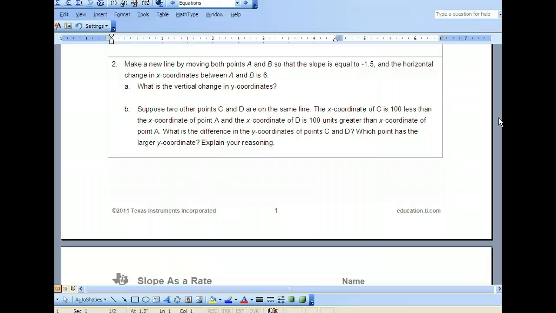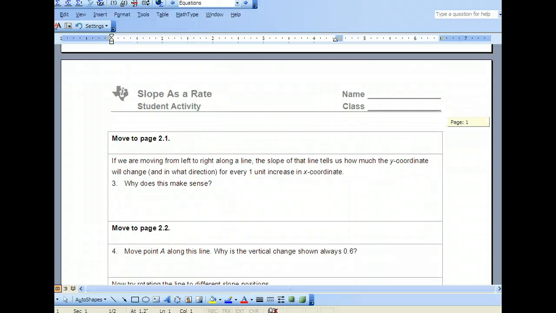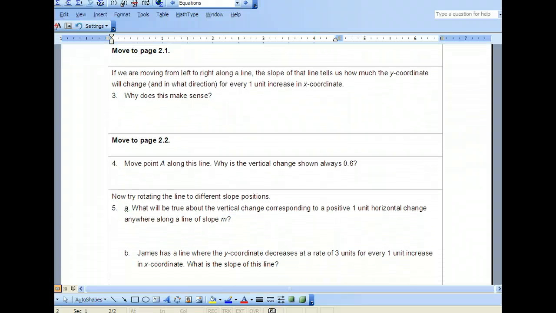And with these activities and these hands-on discovery things, students are in a much better position to explain what has happened because they saw it and they manipulated it or they controlled it. So they can explain their reasoning better. Or down here, number 3, look at that. What's the question? Why does this make sense?